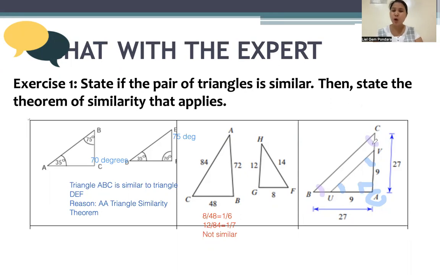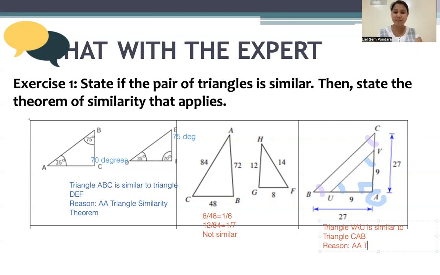If you check, we have two angles that are congruent to each other. So we say that triangle BAU is similar to triangle CAB. What's our reason?